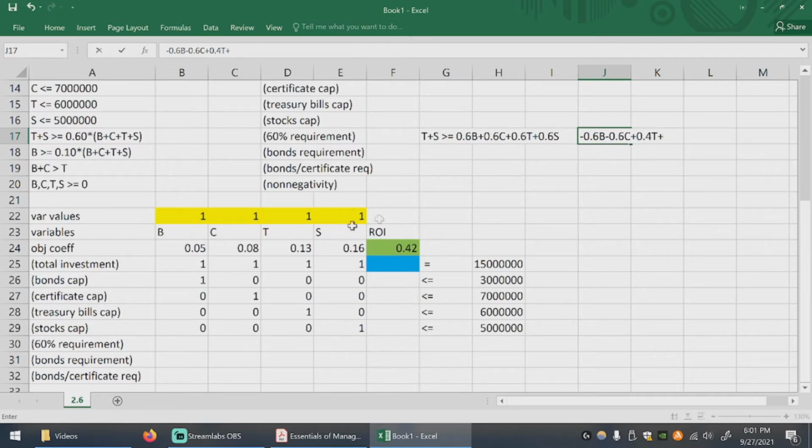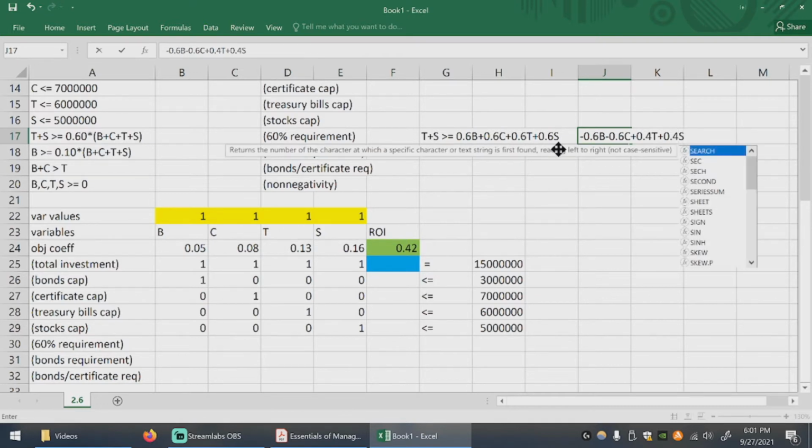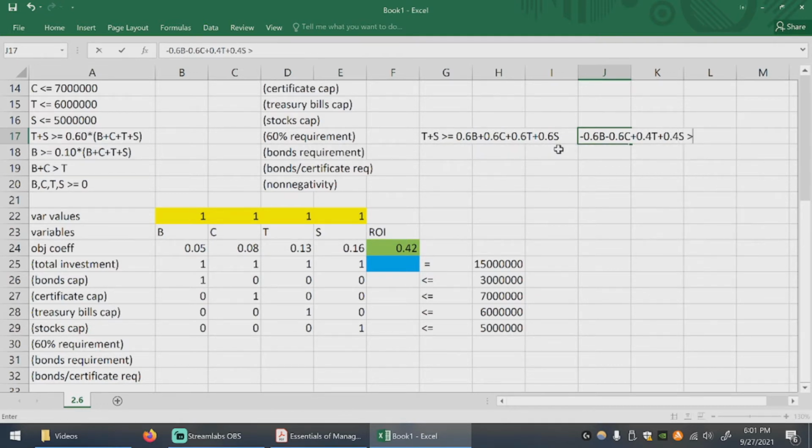All the S's to the left, there's 1 already, minus the 0.6, 0.4. What is the comparison symbol? It's greater than or equal to. Nothing has changed there because I move everything else to the left. And what's left on the right? 0.